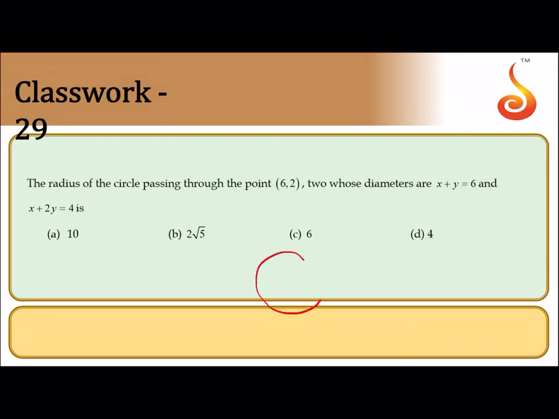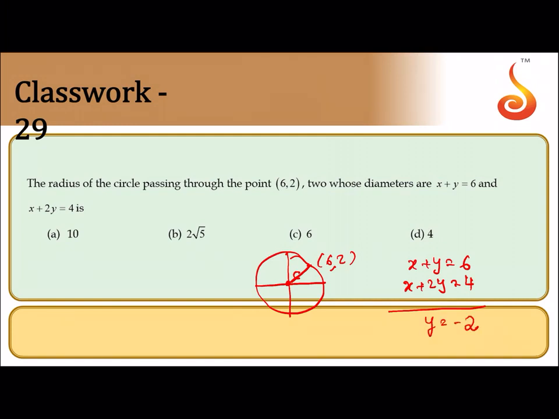So the radius of a circle which passes through (6, 2) and 2 of its diameters are given. When a circle is given to you, 2 diameters are given. Solve it, you get the point of intersection. The center you know, and one of the points is (6, 2), so if we solve this one, we get the radius. Solving is simple. x plus y is equal to 6 and x plus 2y is equal to 4.